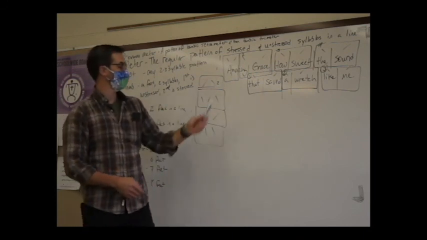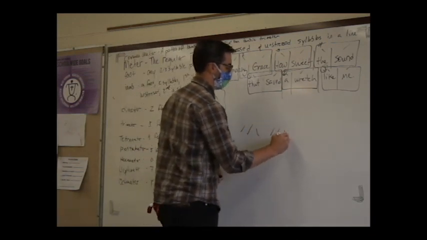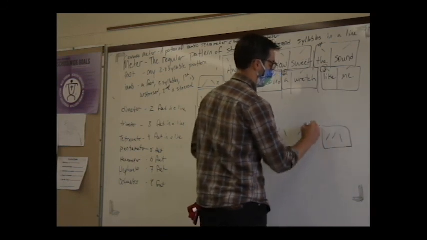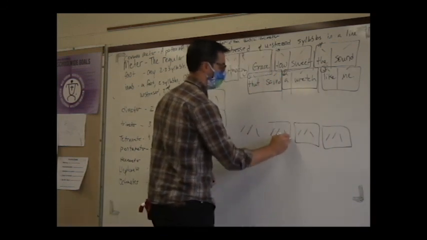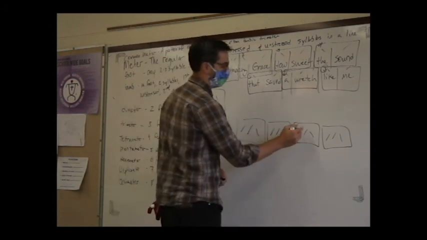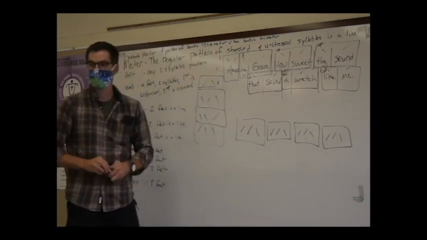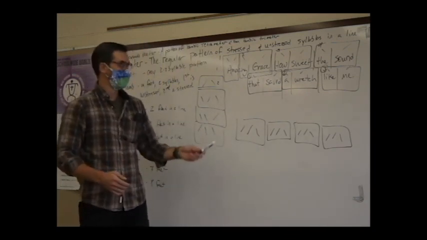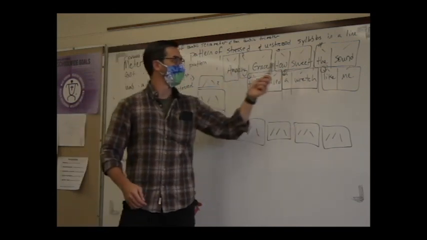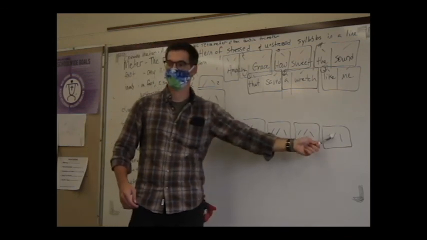So it could be a pattern of up, up, down, up, up, down, up, up, down, up, up, down. That has 1, 2, 3, 4, 5, 6, 7, 8, 9, 10, 11, 12 syllables, because each stress or unstressed is a syllable. So it has 12 syllables, and this one has 8 syllables, but both of them are tetrameter because there's 4 feet.